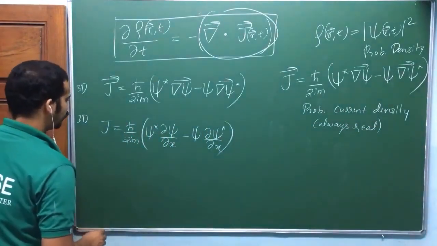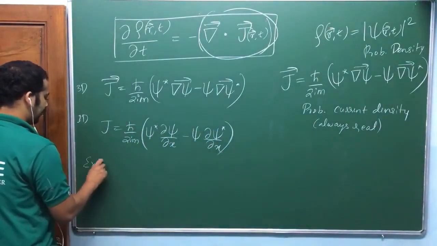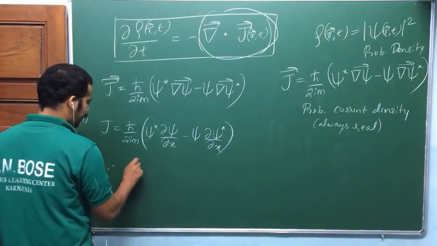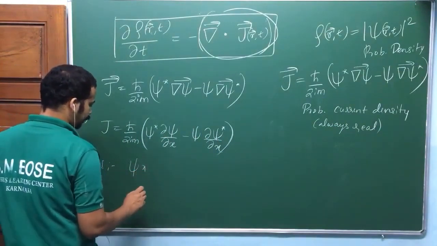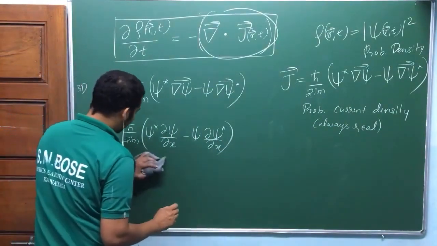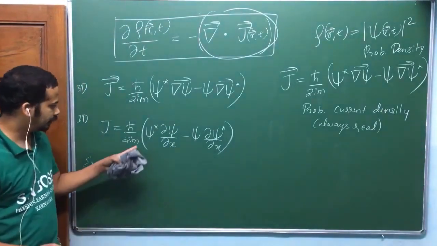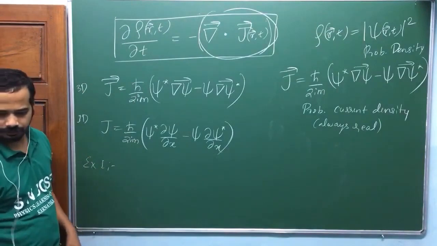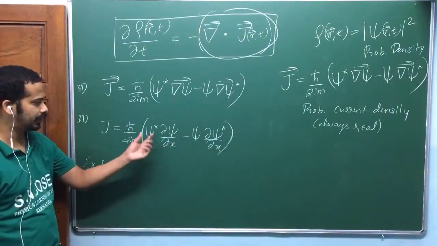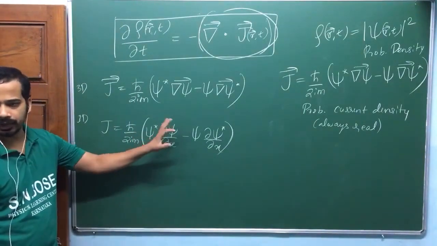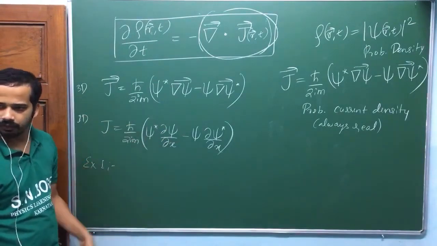Now look here, let me take two examples. Example 1: let me take a wave function. Again, you can take time independent or time dependent. Even if you take a time dependent wave function, in case of a stationary state, psi star into psi will come, and the time part will go away.